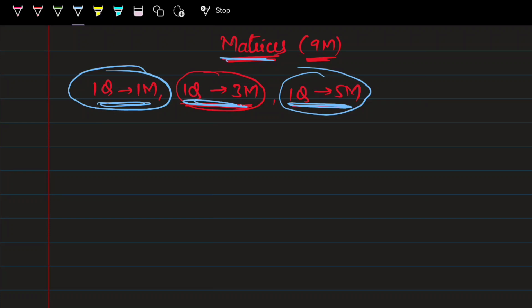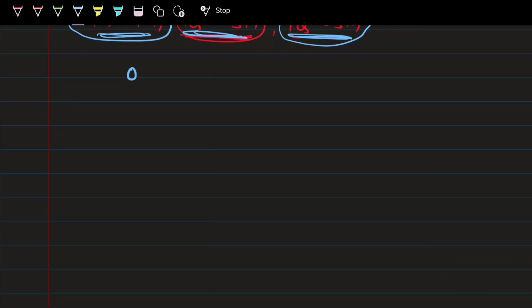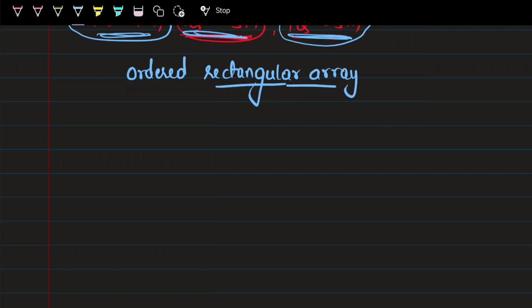So what exactly is a matrix? Matrix is an ordered rectangular array of elements. What is meant by rectangular array? Rectangular array means it is the arrangement of elements in horizontal as well as the vertical manner, so it can form a rectangle, right?